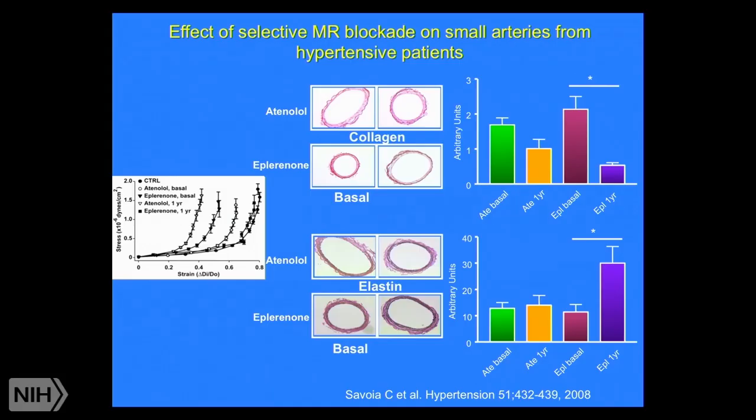And when we looked at collagen-elastin ratio, the ratio was significantly decreased by eplerenone, and in fact, if anything, it was worsened under atenolol over here.